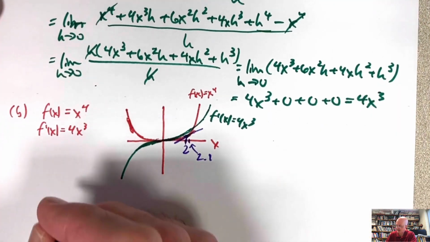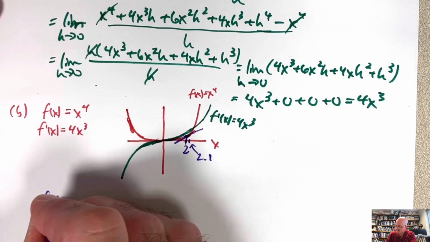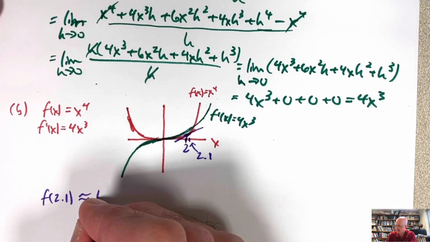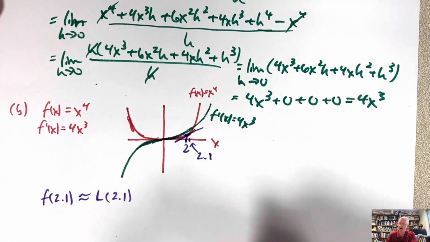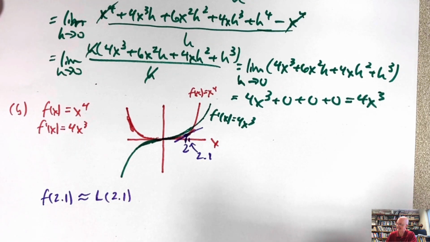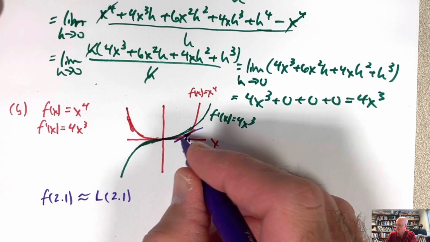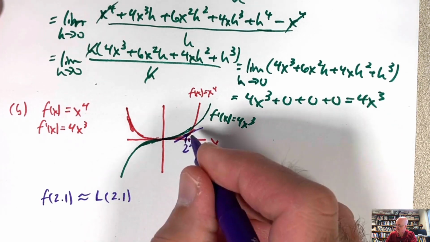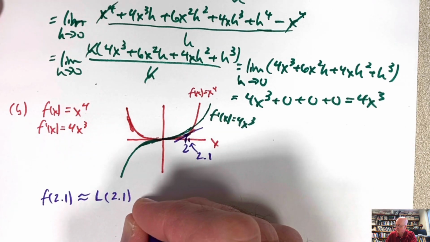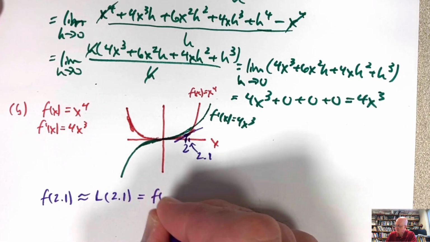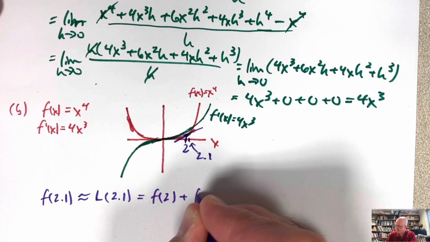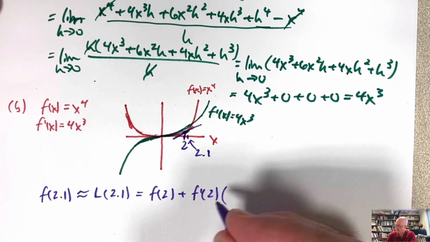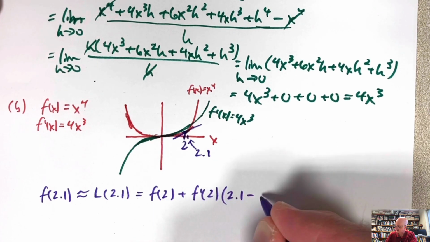As far as approximating f of 2.1, I emphasized this in the last video. You use what's called a linear approximation. I sometimes write that as L of 2.1, where L of x is the formula for the function whose graph is the tangent line to the graph of f at the given point. And the formula for that is going to be f of 2 plus f prime of 2 times x minus 2, where I'm going to plug in 2.1 in place of x.